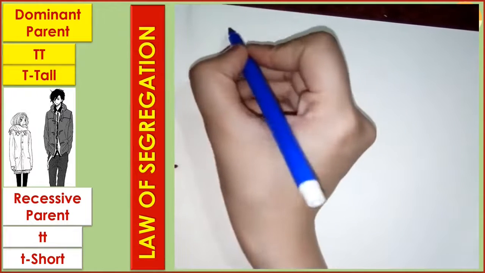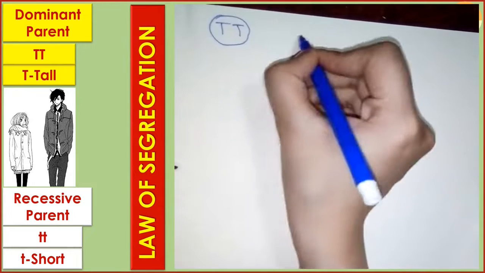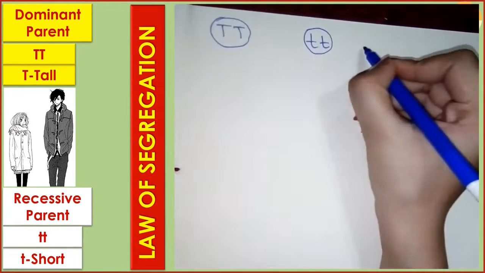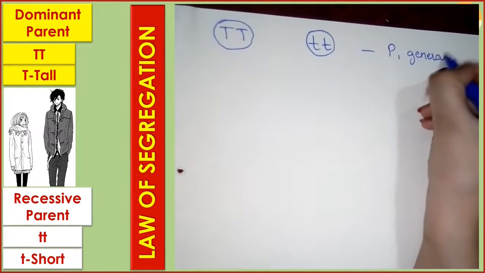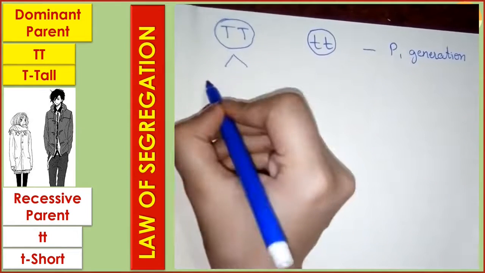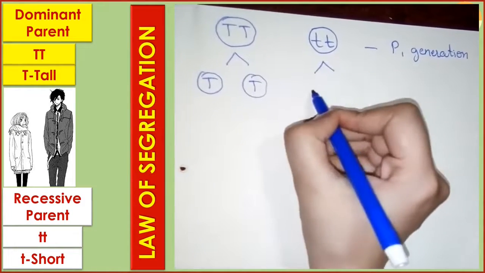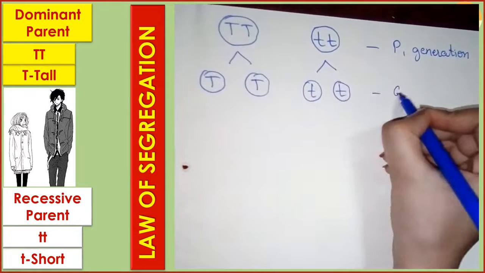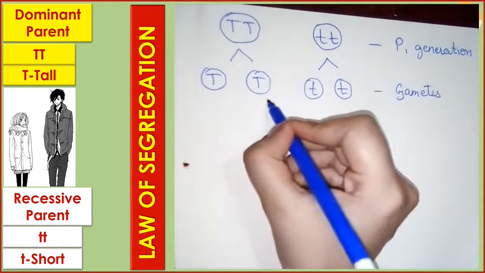If you have any ambiguity related to this law, then you have to understand this video clearly. Here there is a homozygous dominant parent and a homozygous recessive parent. This first one is the parental generation, P1 generation. Then the process of gametogenesis occurs, in which gametes are formed, capital T from this one and small t from this one.